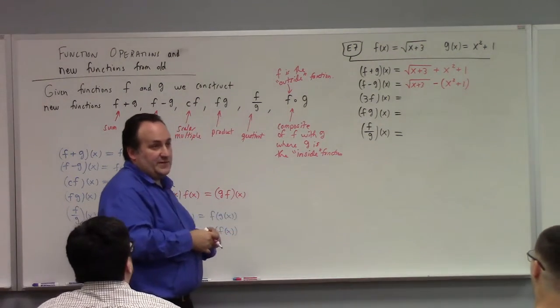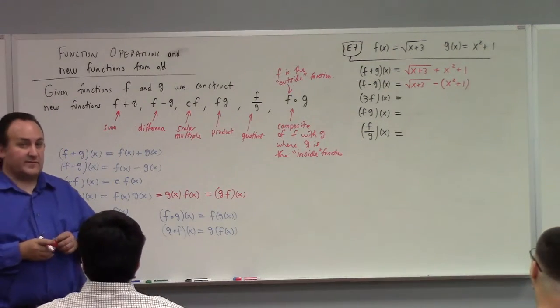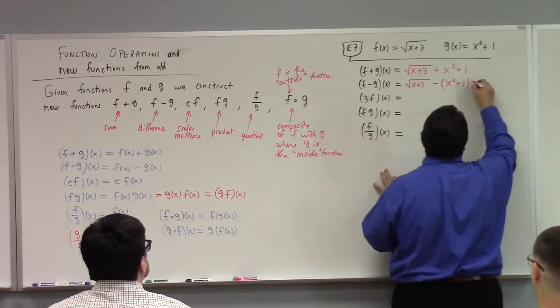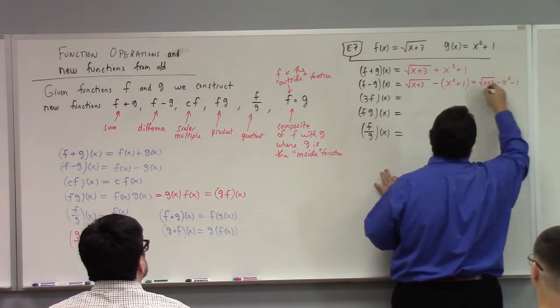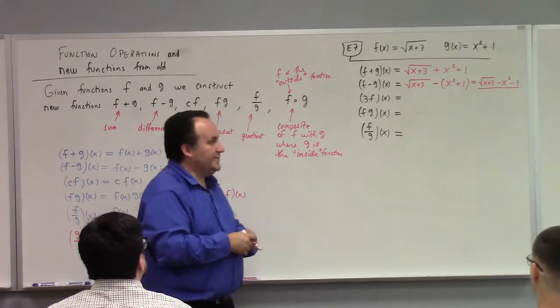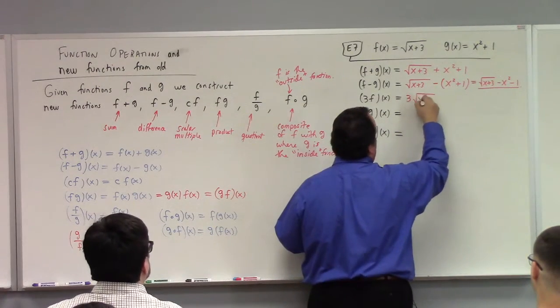So that's something to be careful of. Whenever you're subtracting a sum of things, make sure your minus applies to all of them, yeah? Because this would be, if you wanted to simplify this formula, square root of x plus 3 minus x squared minus 1, right? 3 times f, well, that's just 3 times the square root of x plus 3, and there you go, okay?